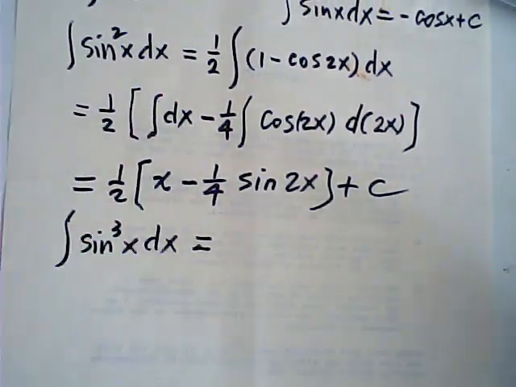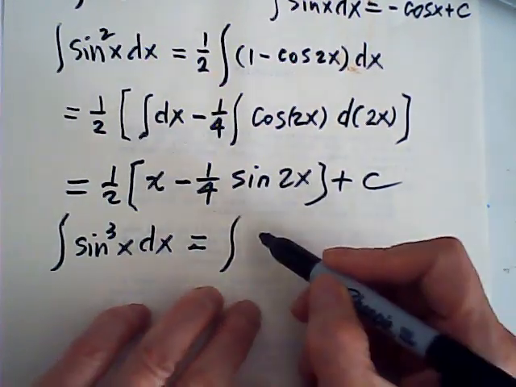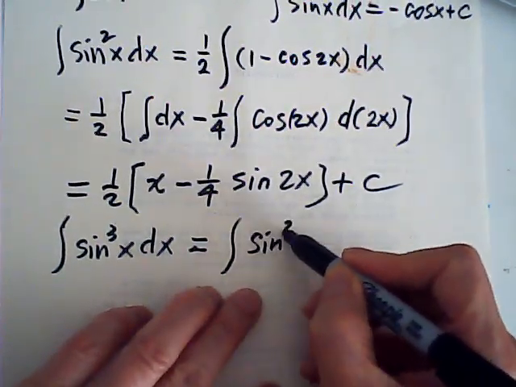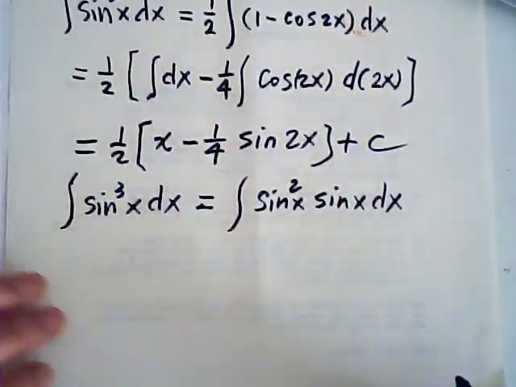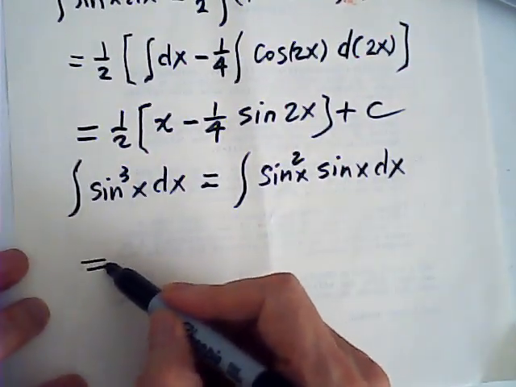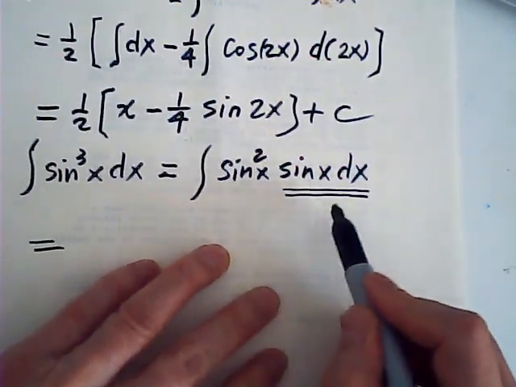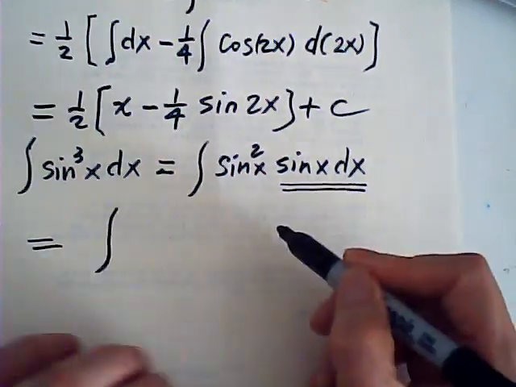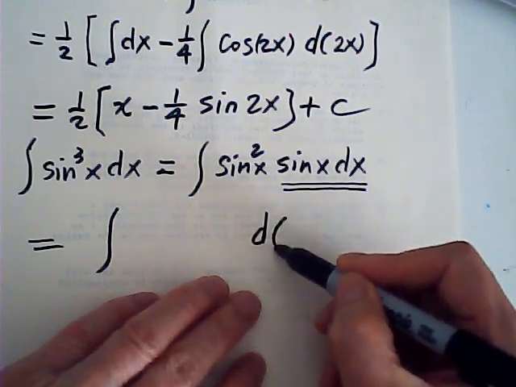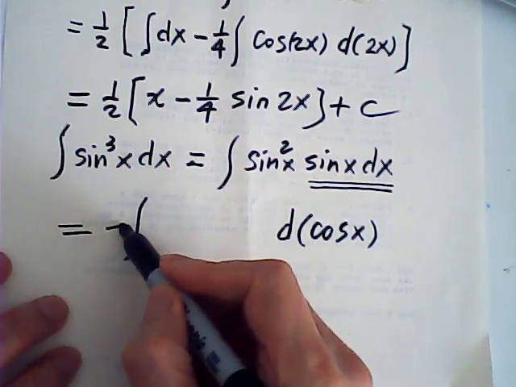What I'm going to do is write the cube as sine square x times sine x, and then dx. I notice this is the derivative of cosine, but negative, so I put a negative outside.